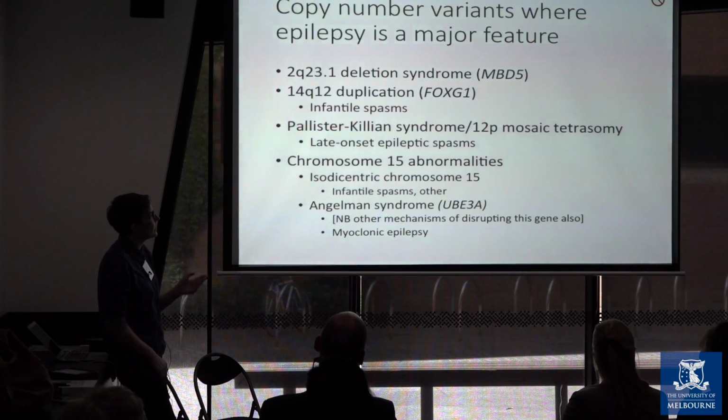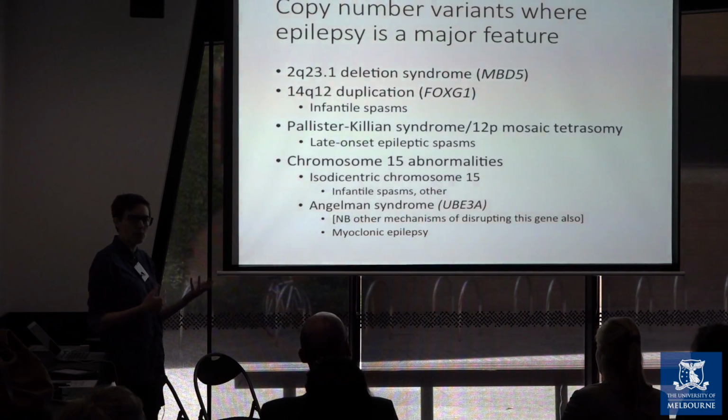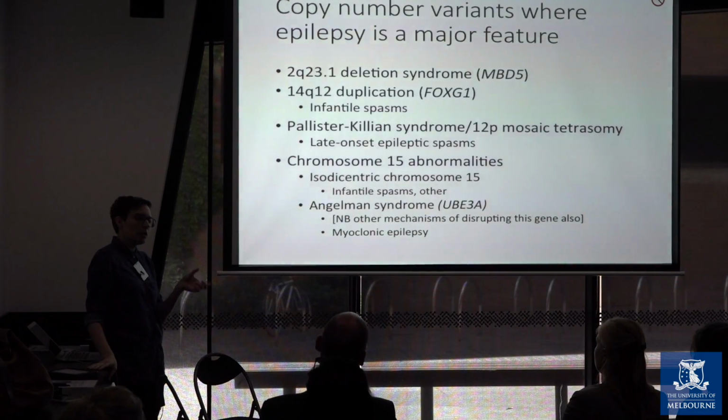In these particular ones, the epilepsy is reasonably well described. It's not the case for a lot of other copy number variants, because how well described something is really depends on who's studying it and who's reporting on it. A lot of the papers in the literature on copy number variants are written by geneticists who are not experts in epilepsy.